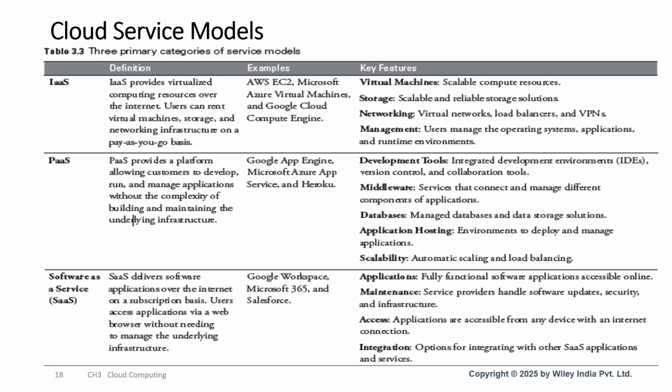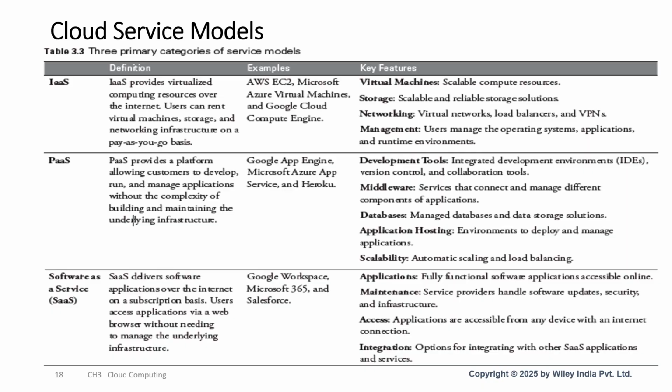Then platform as a service, when you can manage applications without the complexity of building and maintaining the underlying infrastructure. Companies like Google, Microsoft provide these services. And development tools here are integrated development environments, IDEs, version control, collaboration tools, all provided as PaaS. Then all middleware software, database software, application hosting software are provided through platform as a service.